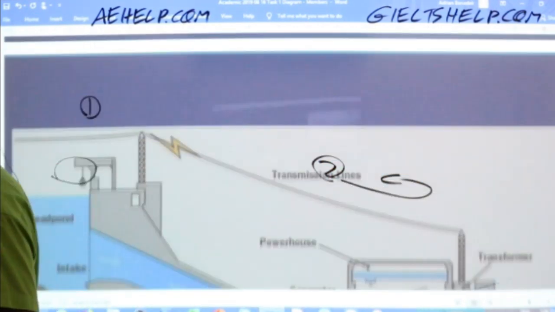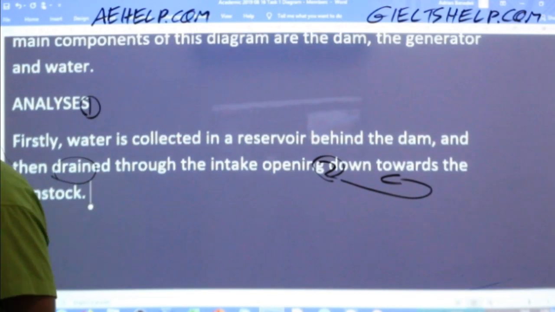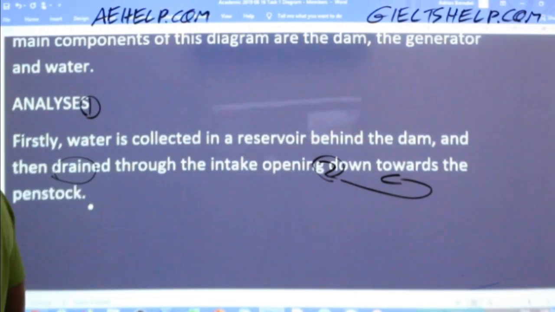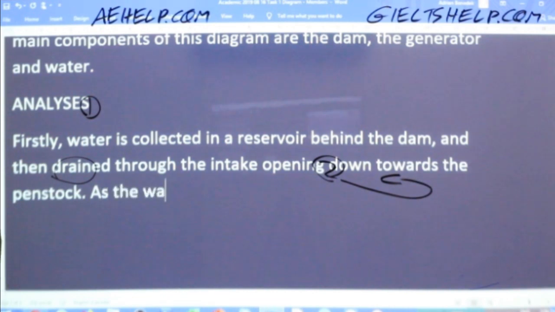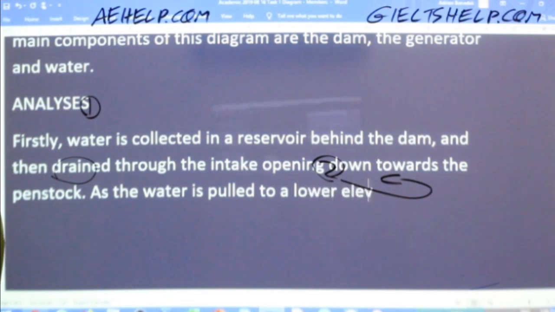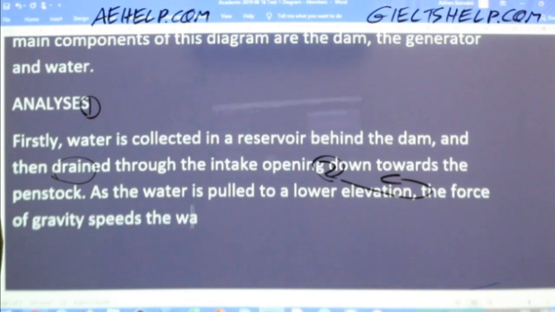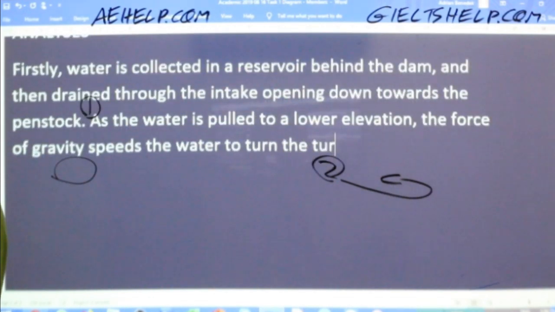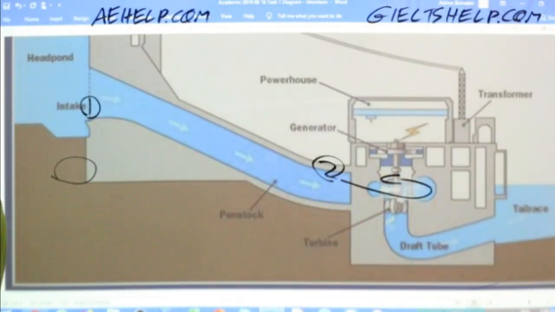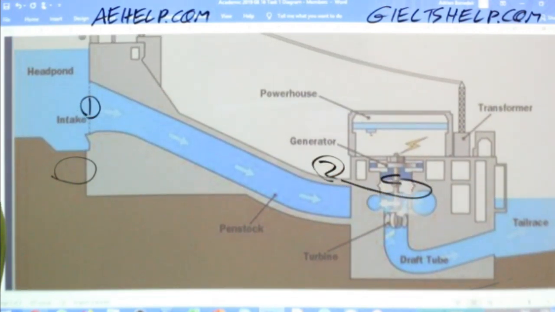Okay. All right, while I'm waiting, I'll start working on that second sentence as well, describing this point number 2. As the water is pulled to a lower elevation, the force of gravity speeds the water to turn the turbine in the power station.